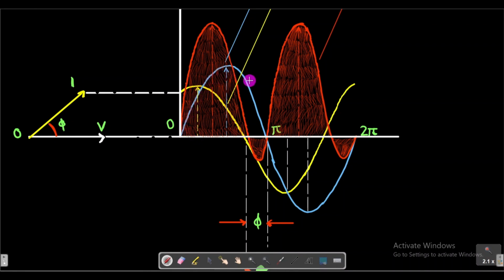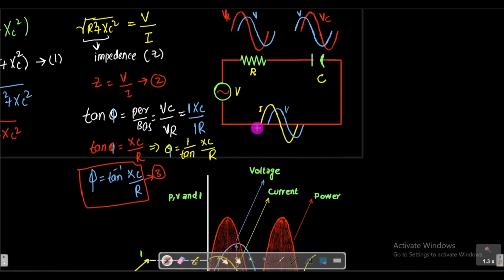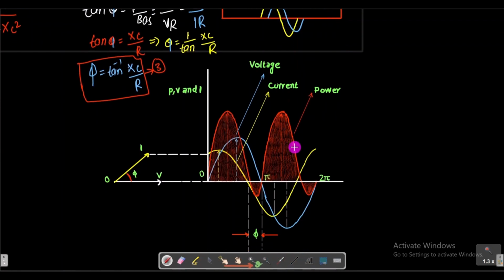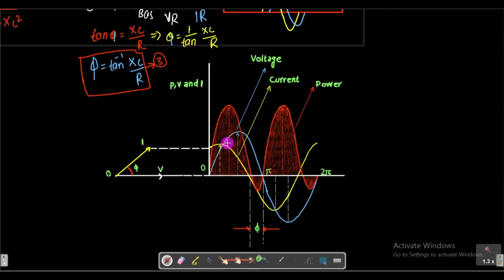This blue color is the voltage, and this voltage is lagging behind that yellow current. Okay, this current is leading and this voltage is lagging. So we have that same scenario and we draw that leading current and voltage in the same graph.